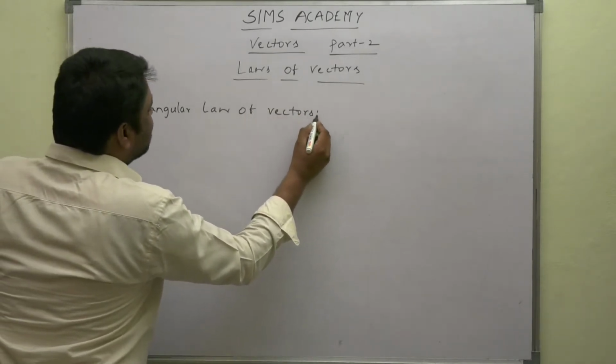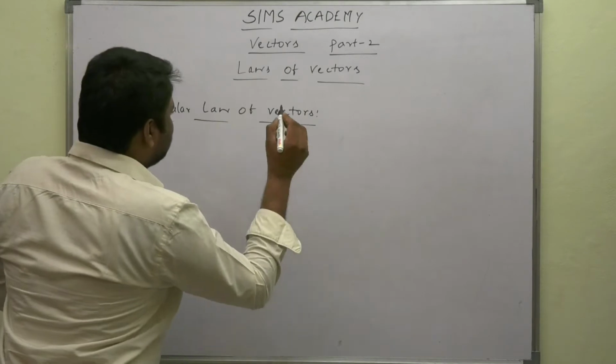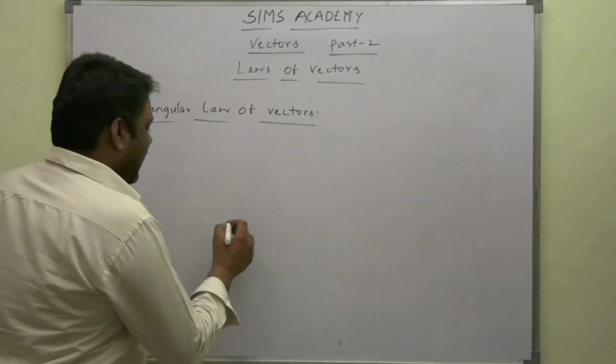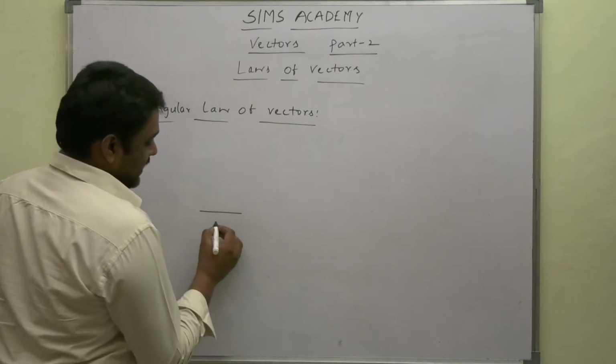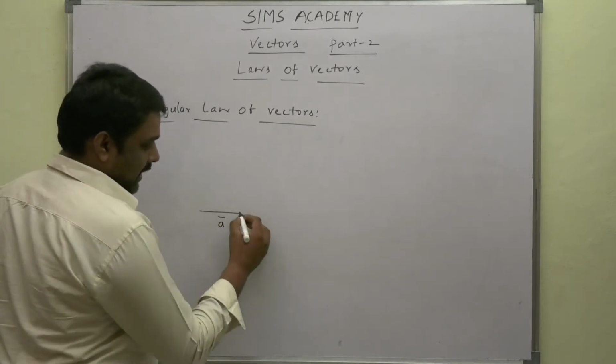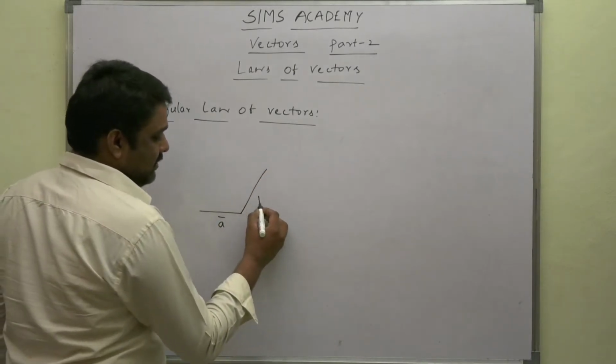What does this triangular law of vectors say? If I have any two vectors, let us say this as A bar and this as B bar.